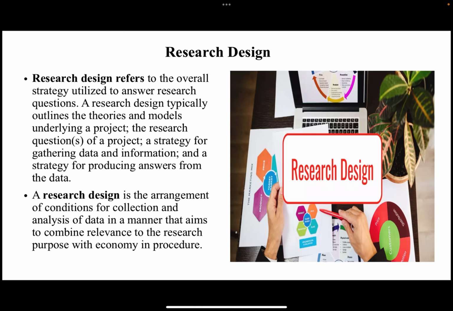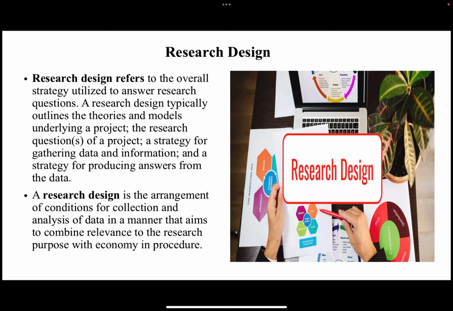Now, let's look at another interesting one. The research design refers to the overall strategy utilized to answer the research questions. So a research design typically outlines the theories and models underlining a project, the research questions of a project, a strategy for gathering data and information, and a strategy for producing answers from the data.